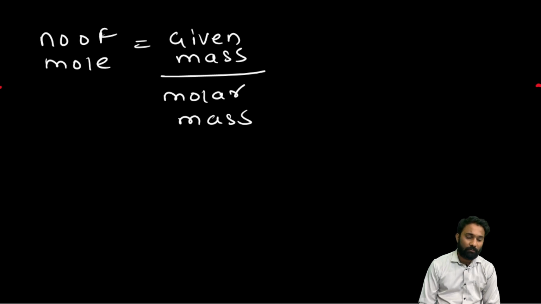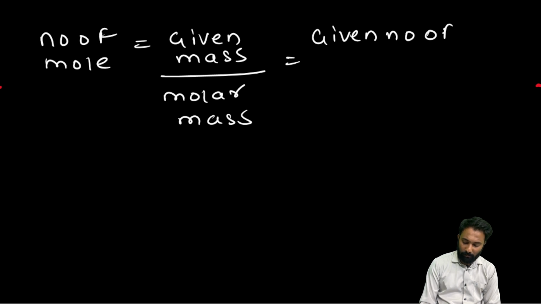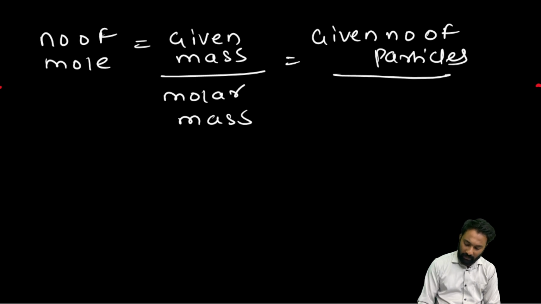The same number of moles will be equal to given number of particles by Avogadro number. Clear? Given mass by molar mass is equal to given number of particles by Avogadro number.